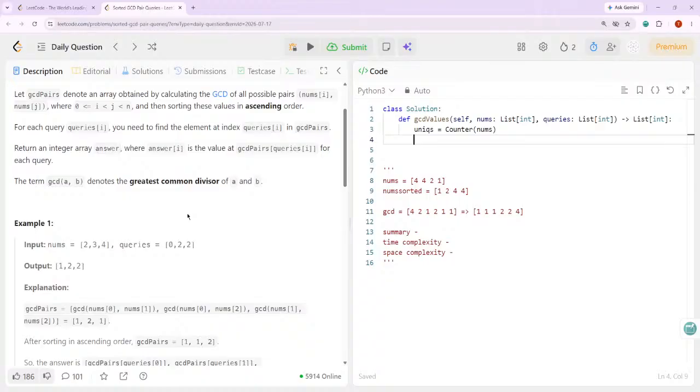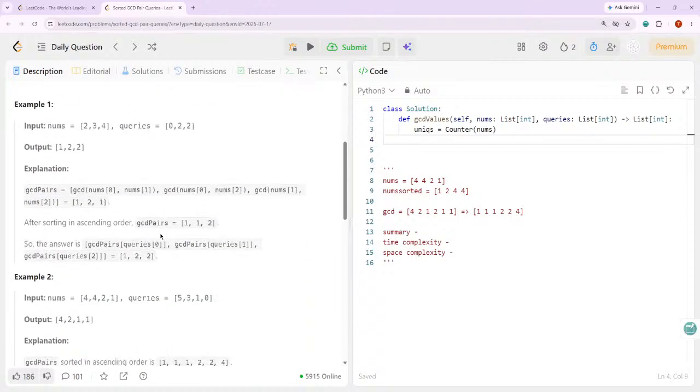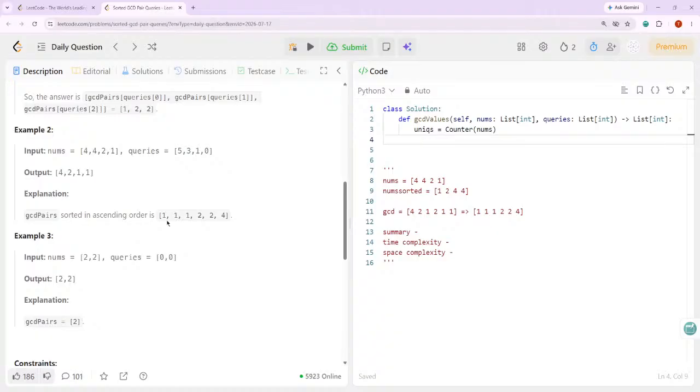And then I could probably just work with those keys, which are the unique values of nums. 1, 2, 4.